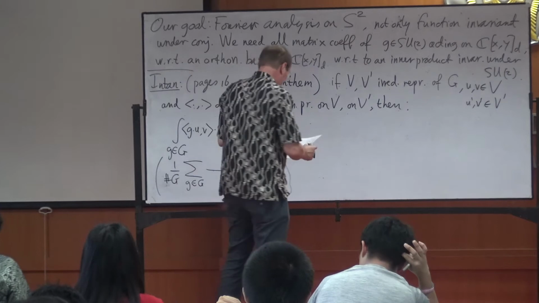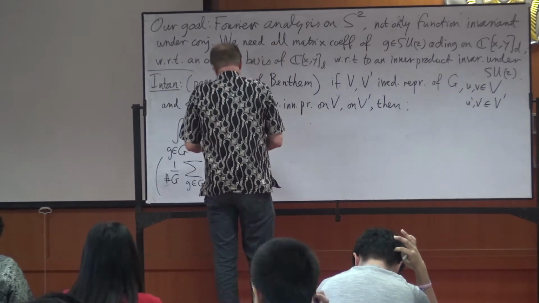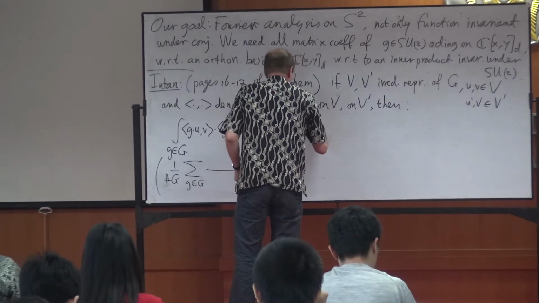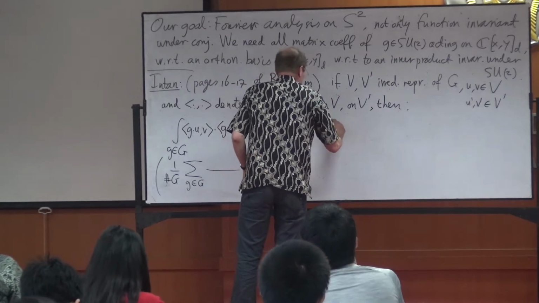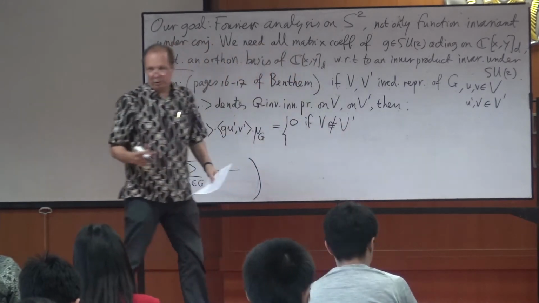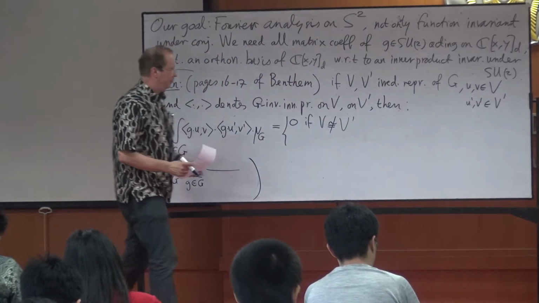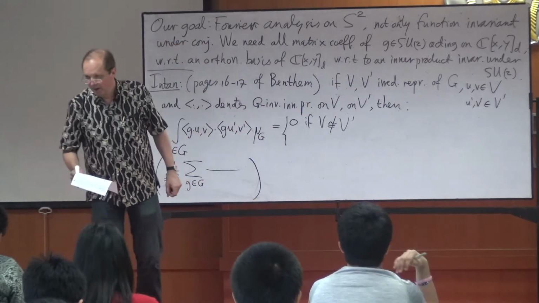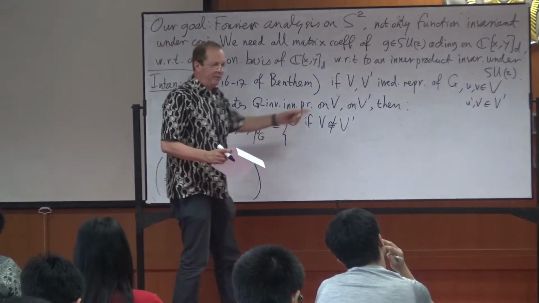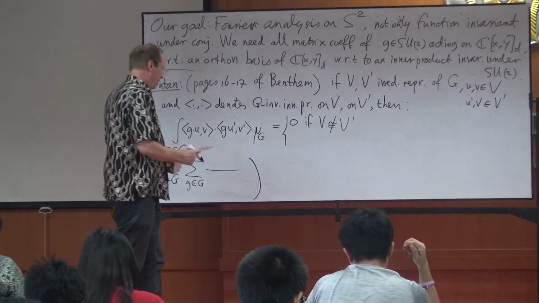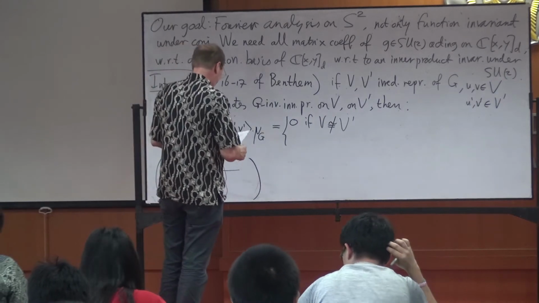Okay, and this integral is 0 if V is not isomorphic to V prime. There are two cases: if you have two irreducible representations, they are isomorphic or they are not. And if they are isomorphic, you can as well assume that they are the same. And what comes out if they are the same?